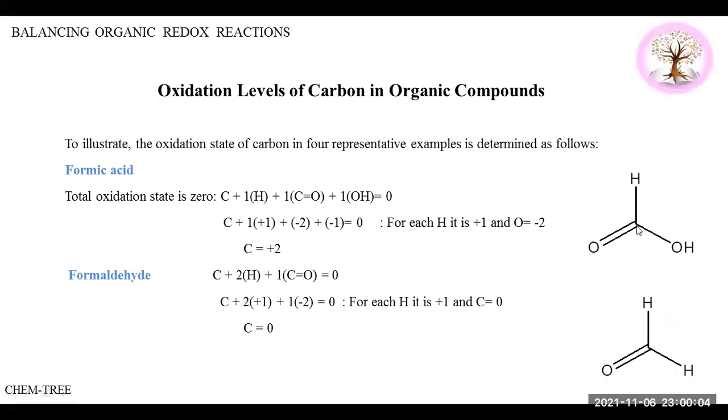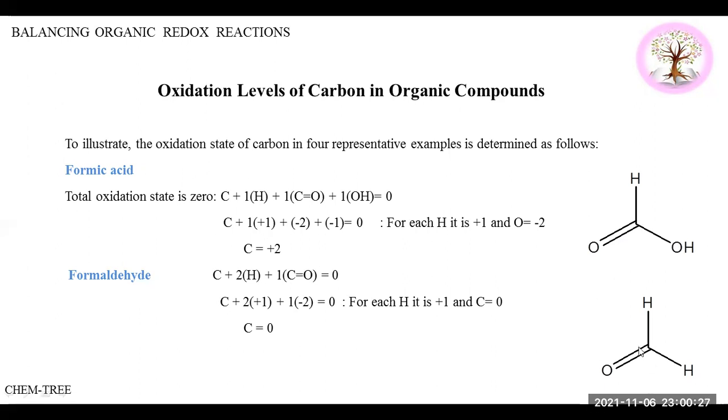For formic acid, this carbon has an oxidation state of +2. How is it +2? In formic acid, this oxygen has -2, this hydrogen has +1, and this one has -1. The -1 and +1 cancel, and you will see the carbon has +2 oxidation state.